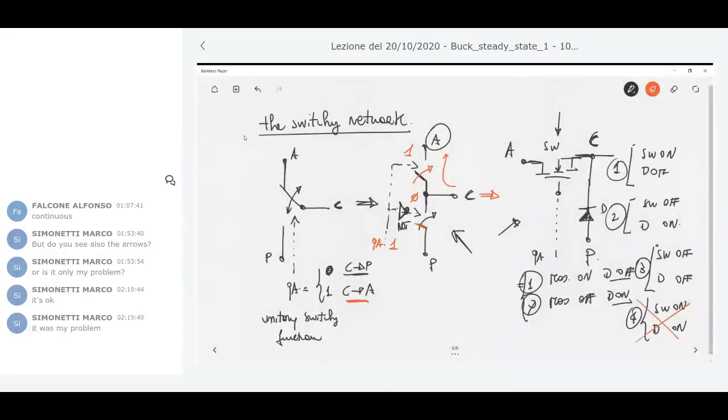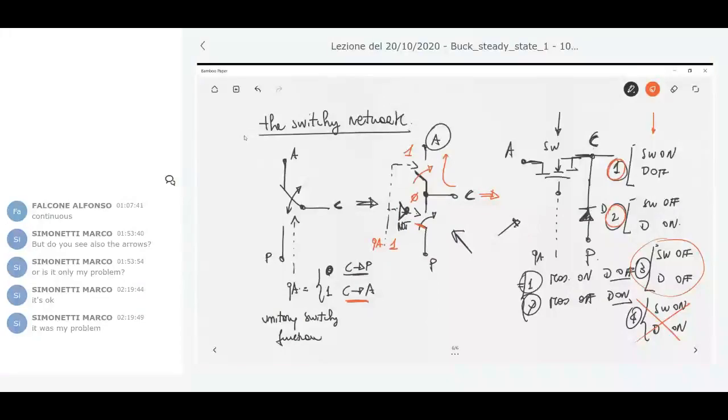So this situation could be avoided. But basically, you can have these two different situations. The transistor and the diode are operated in what is called a complementary way.